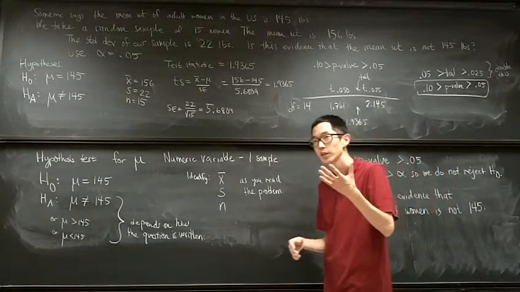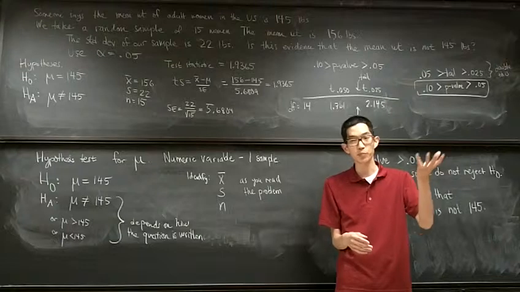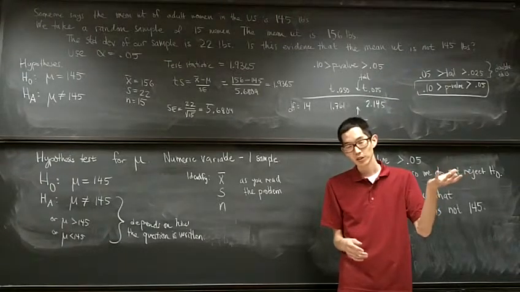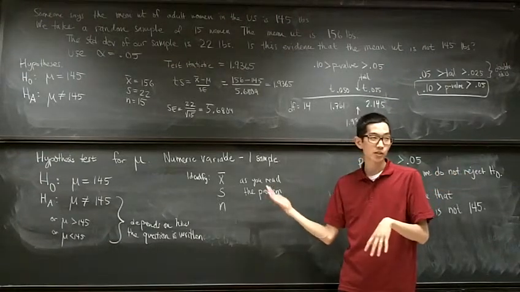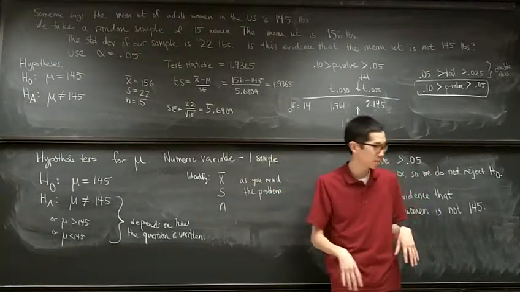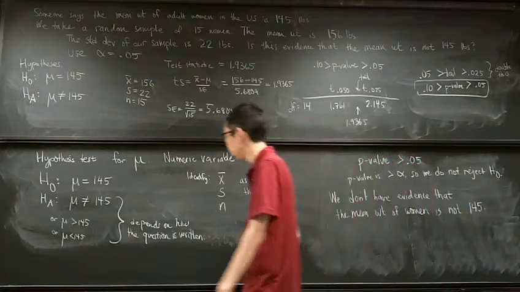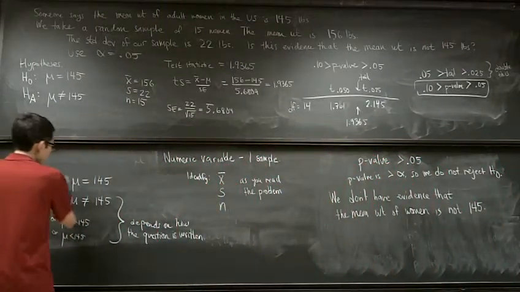And if you remember how to do hypothesis tests for two sample proportions, it's very similar for doing two samples with means or two samples numeric variables. Okay. So we'll start off with the confidence interval first.